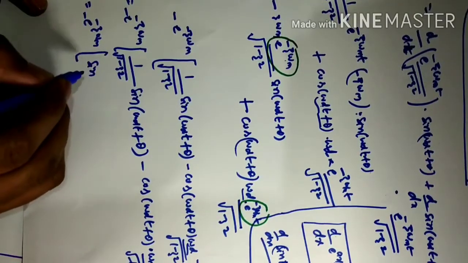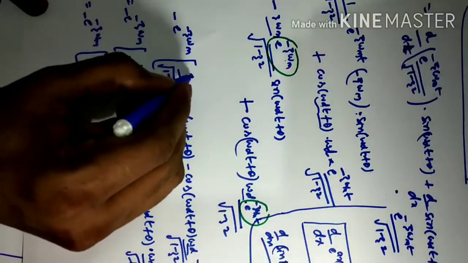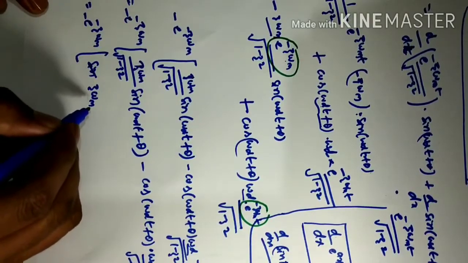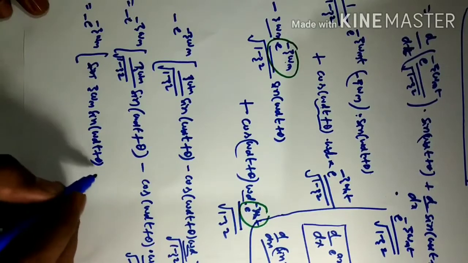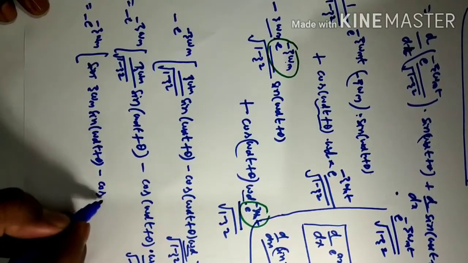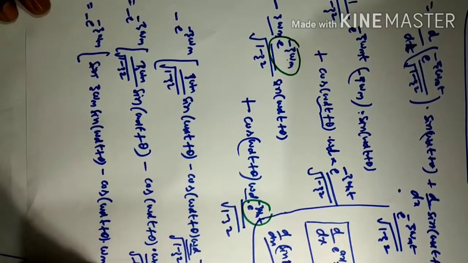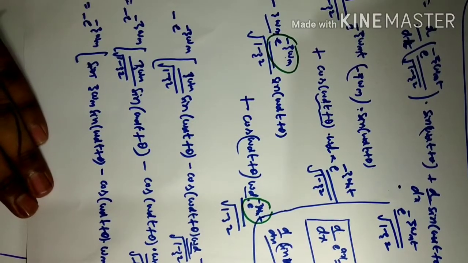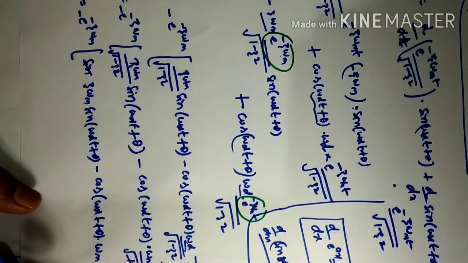So here we missed this term, zeta omega n, so zeta omega n sine(omega_d t plus theta), minus cos(omega_d t plus theta) omega n into root of 1 minus zeta square, okay.